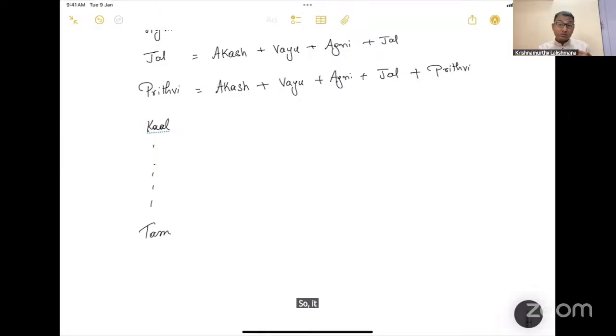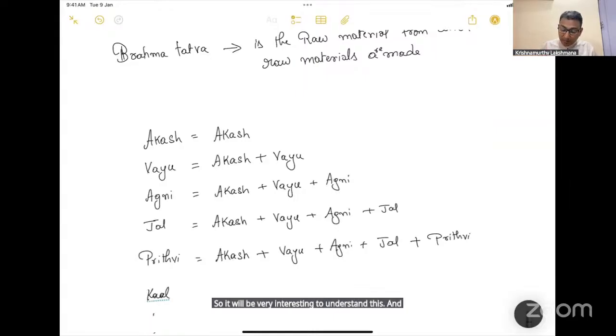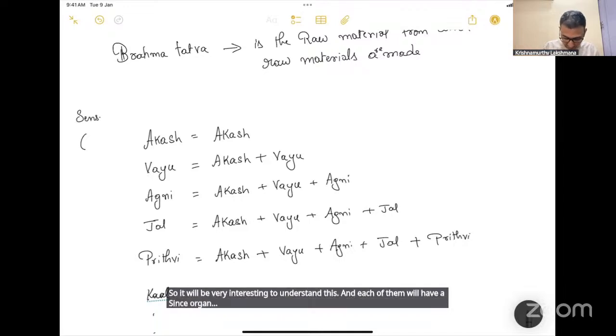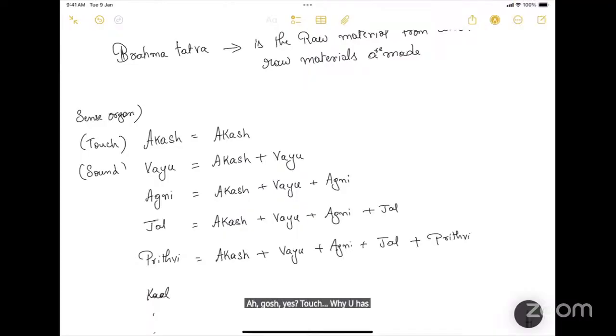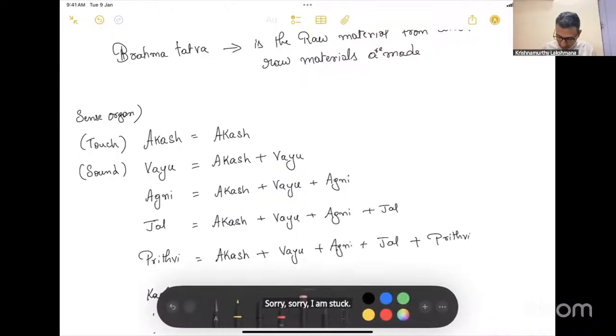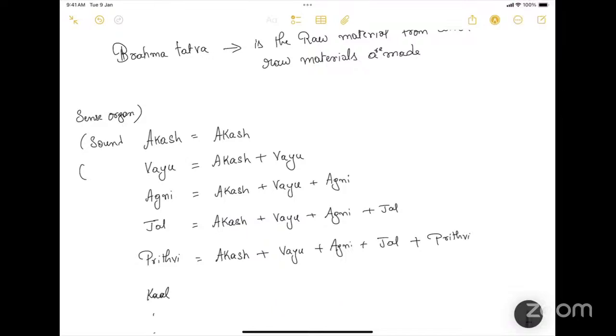So it will be very interesting to understand this. Each of them will have a sense organ. Akash has sound.